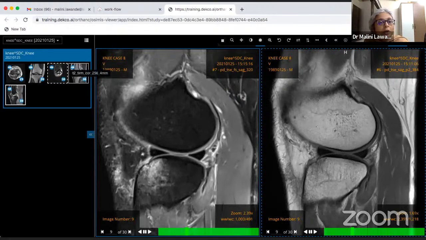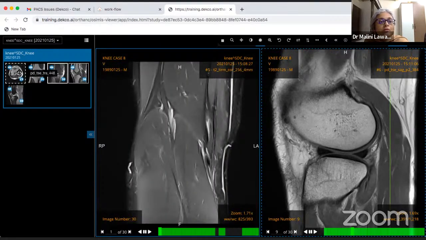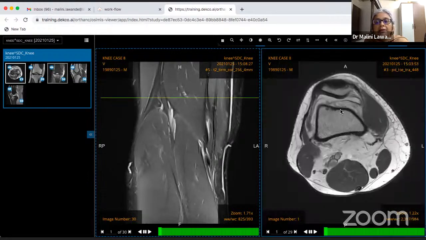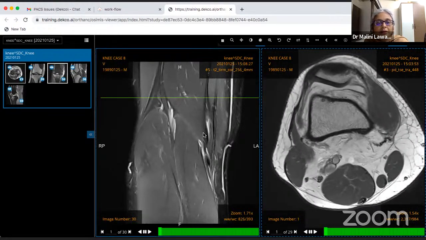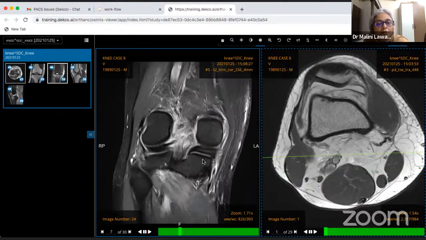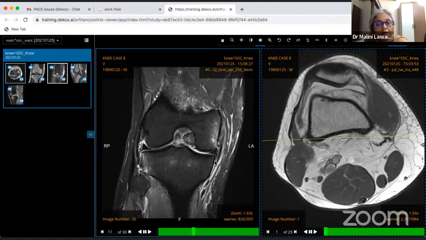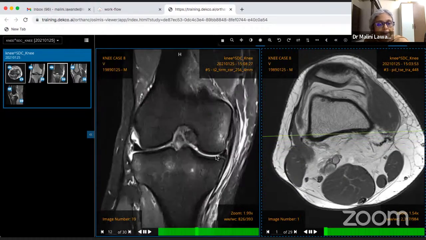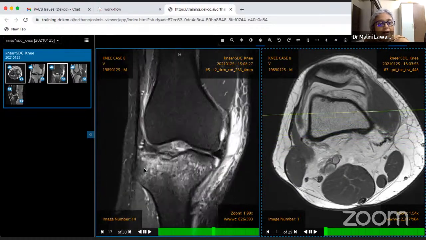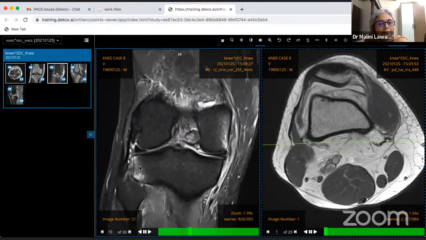So now I'll look at the coronal images to look for the MCL, and I'll look for the posterolateral corner. So here again, there is hyperintense signal in the meniscus, but it's not reaching the articular surface. So it's not there. There's some marrow edema here in the peripheral posterior lateral tibial plateau also.